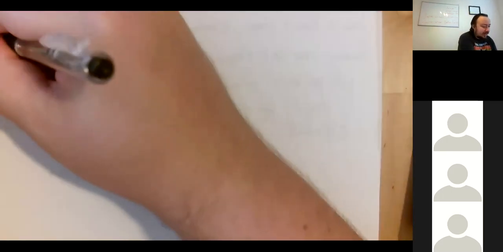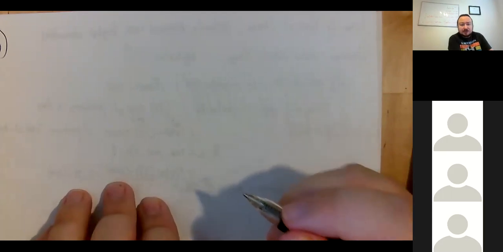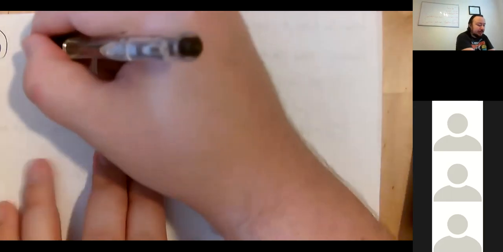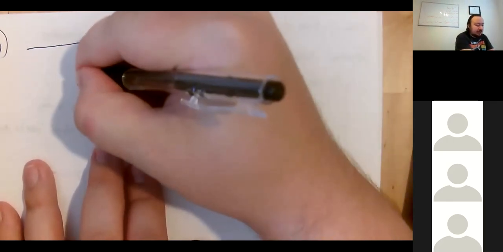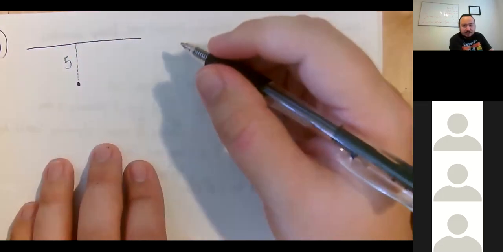All right, so this is 8 from the practice exam. What they say is a laser beam on a rotating platform shines on a wall that's 5 meters away. Let's say this is our wall. Laser is right here, and this distance will be 5 meters.